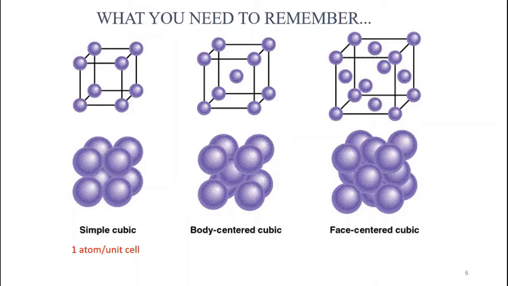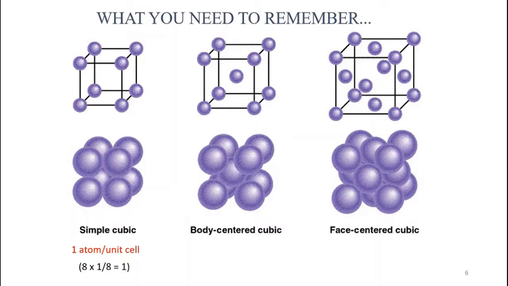We saw that in the simple cubic unit cell, if we consider that only 1/8 of each particle is actually contained inside that particular unit cell, and we have 8 corners in there, that means that we have 1 total particle, or atom in this case, per unit cell.